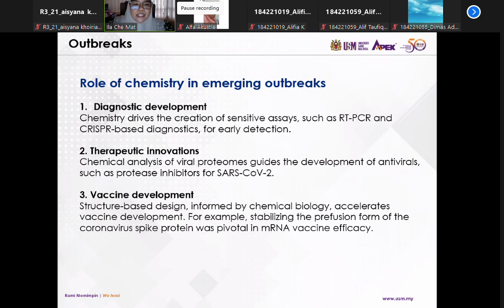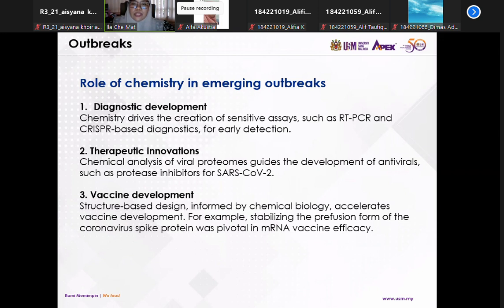Another one is vaccine development. We know the vaccine is already there, but we also need to improve it so that it can cover more strains with fewer side effects. Nowadays we know that most vaccines can cause side effects, whether short-term or long-term.